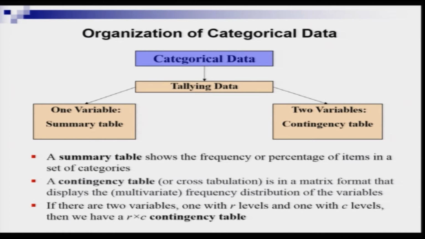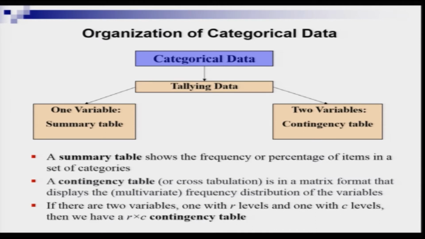Now, in the one variable case it is very simple. If you have one attribute or qualitative variable, you have broken it down into several categories and then you count how many observations in the sample pertain to one particular category of the attribute. That is called a summary table.